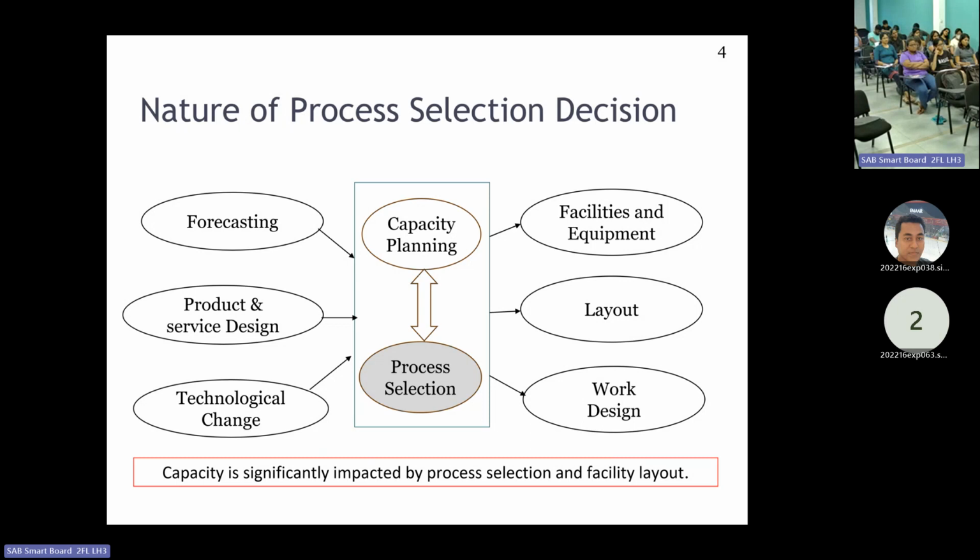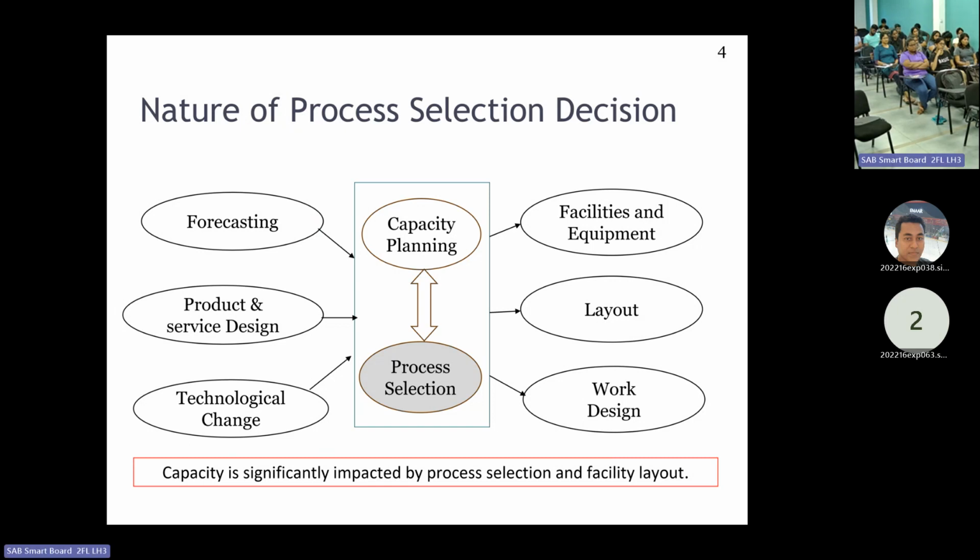Sometimes a firm decides to have only one type of product, no varieties, right? Only one type of product without any varieties or changes according to the customers. We are going to manufacture a standardized product. The nature of the product design is a standardized product. We are not going to change the features, characteristics, and all.